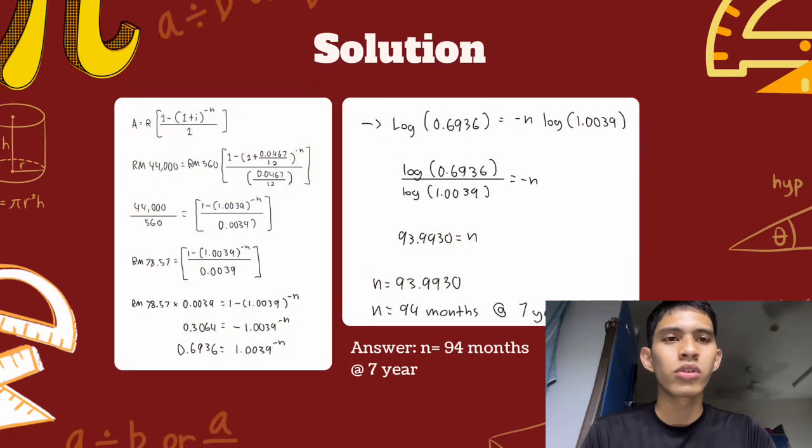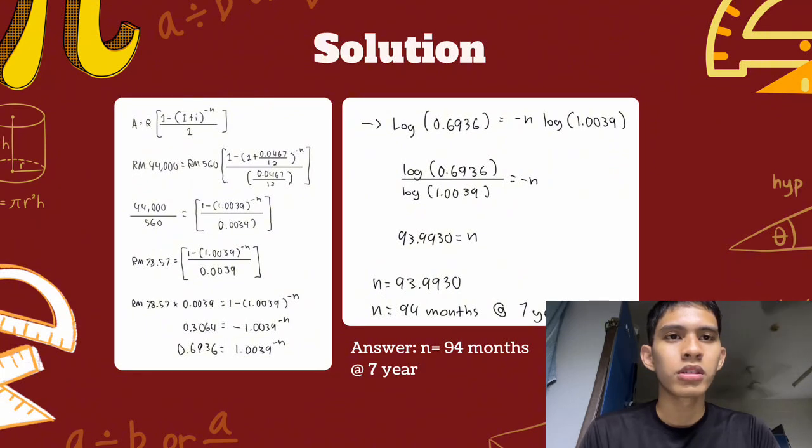First, we calculate the amount financed. Since the down payment is 20% of RM 55,000, the down payment amount is RM 11,000. Therefore, the loan amount is RM 44,000. Next, we convert the annual interest rate into a monthly interest rate by dividing 4.67% by 12, which gives approximately 0.0039 per month. We then apply the present value of annuity formula and substitute all the given values into the equation.